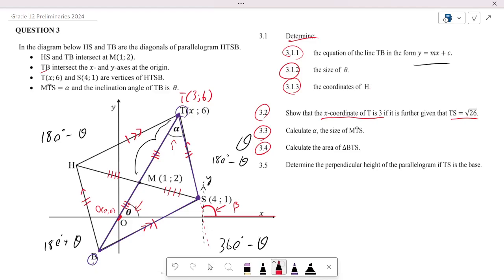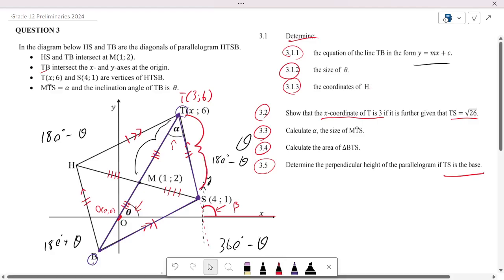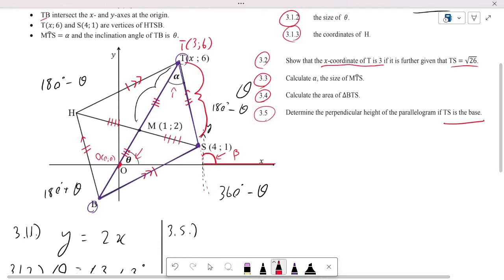The last one is also kind of a tricky one, but it's actually not that bad. Determine the perpendicular height of the parallelogram if TS is the base. So they're talking about this side over here. We will have TS over here, and then we have the other sides like this.